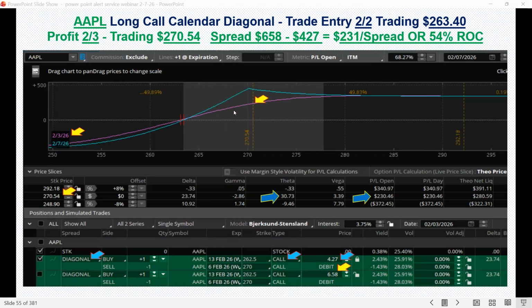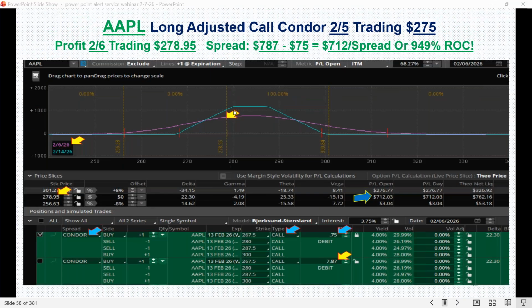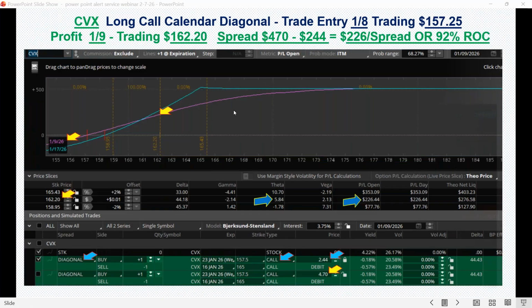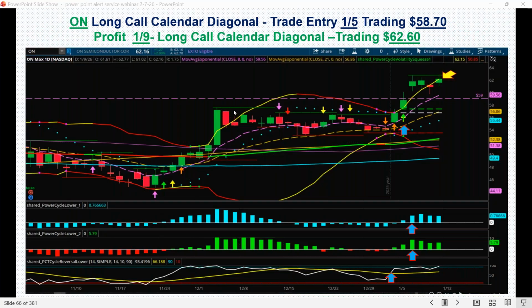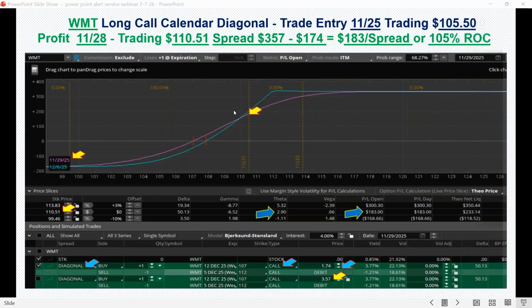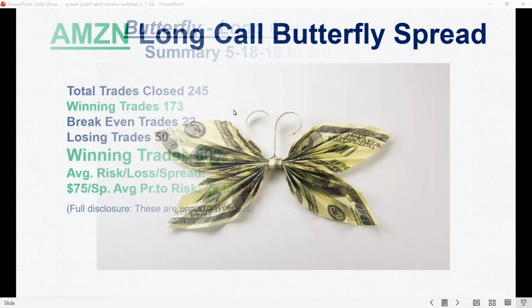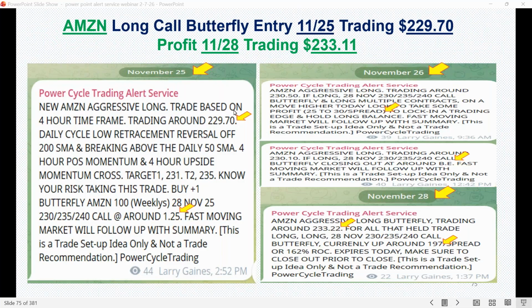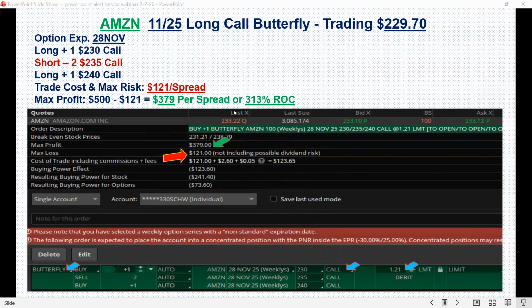So for example, here's Apple. Here's a butterfly trade. Here was the butterfly trade we did on Amazon. Cost of the trade was $121 debit cost.